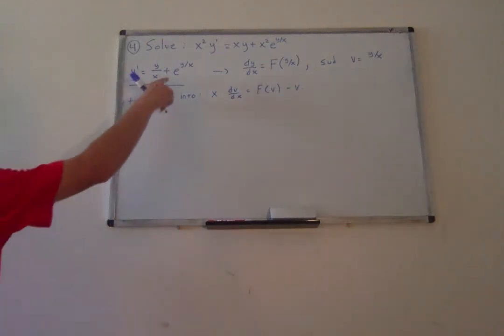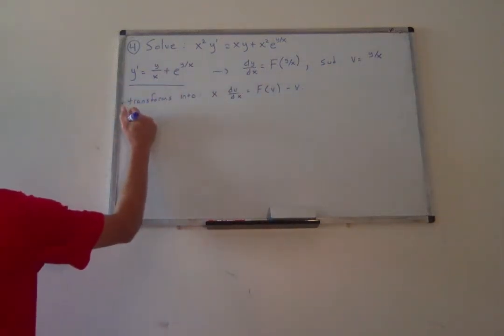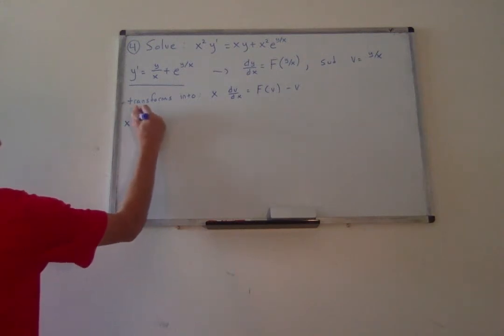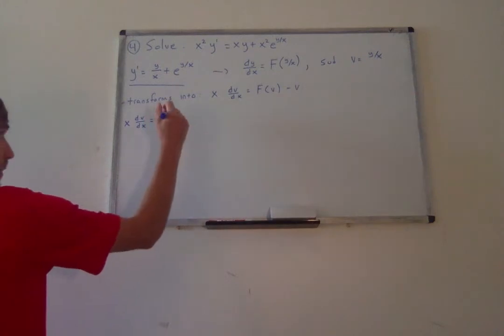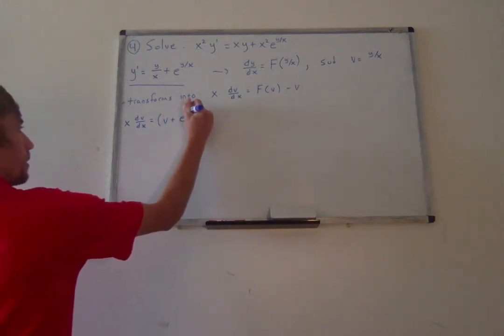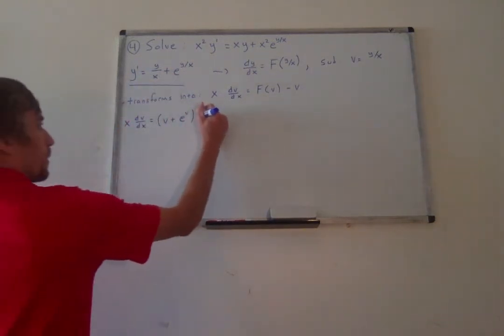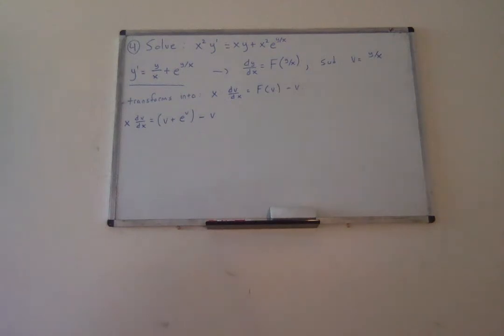So working with our function f here and this substitution, we would get x dv dx is equal to v plus e to the v. So this would be f of v minus v.